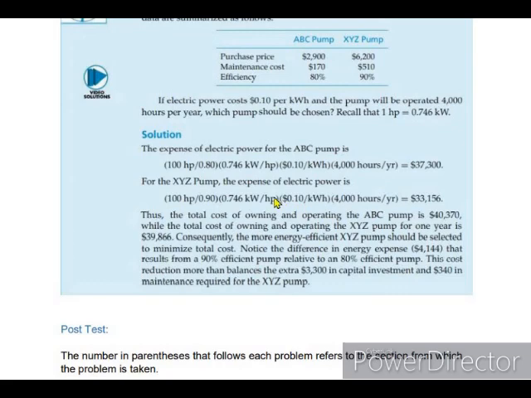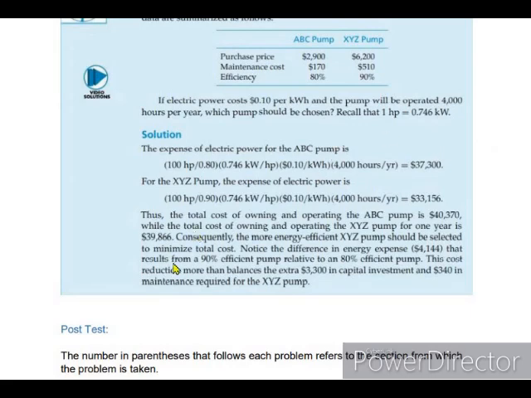Then we multiply by the cost per kilowatt-hour, $0.10, which is the electric cost. Then multiply by the total hours, which is 4,000 hours per year. So we have $37,300. That is the expense of electric power for the first pump, the ABC pump.